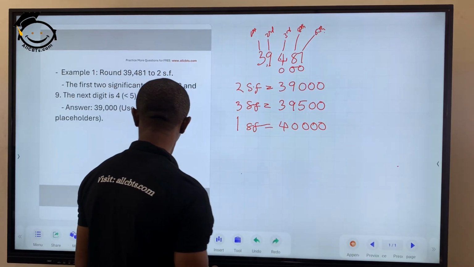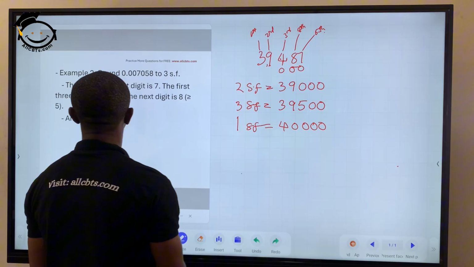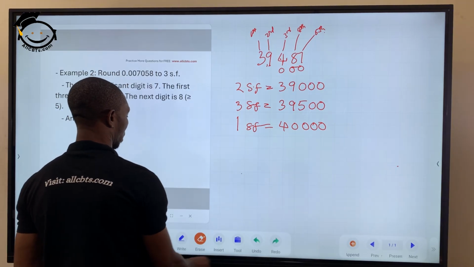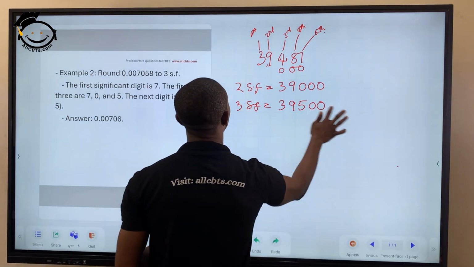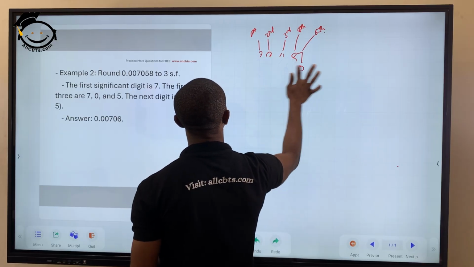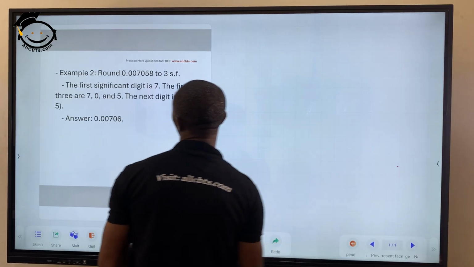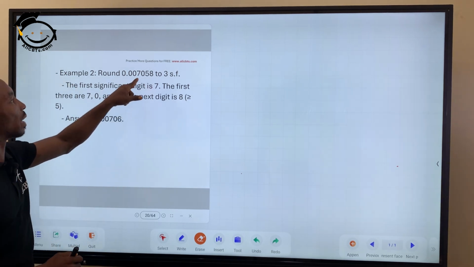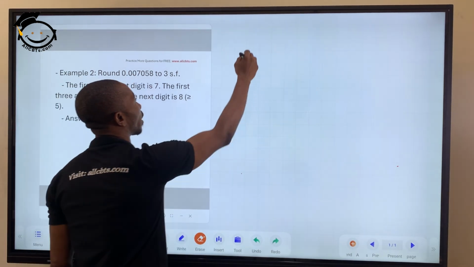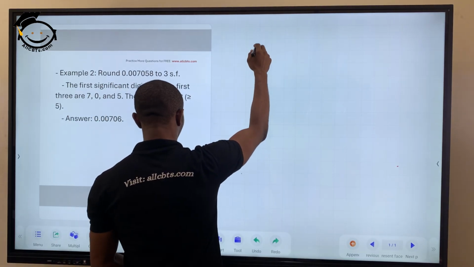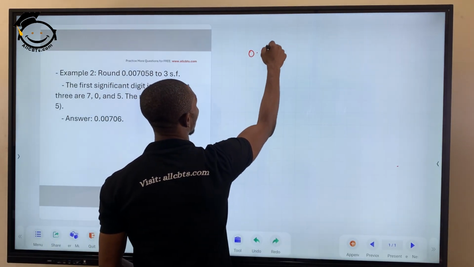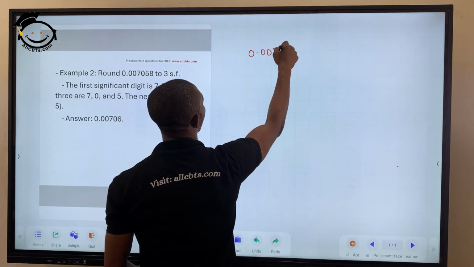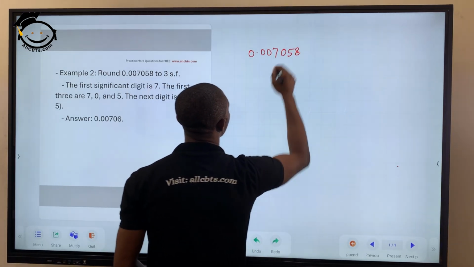Okay, next we have looking at decimal numbers to significant numbers. Okay, now from here you can see that our first significant number is 7. Okay, we have 0.7058.